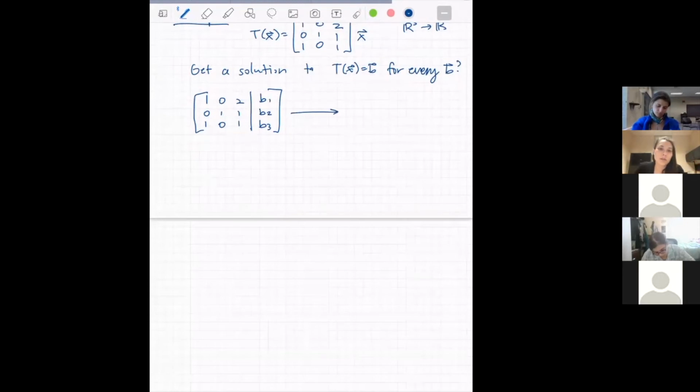So first we will do R3 minus R1. So I'm going to abbreviate this notation a little bit. Hopefully you guys still understand what I mean by this. So I'm replacing row 3 with row 3 minus row 1. 0, 0. We would get -1 here. And we would get b3 minus b1.